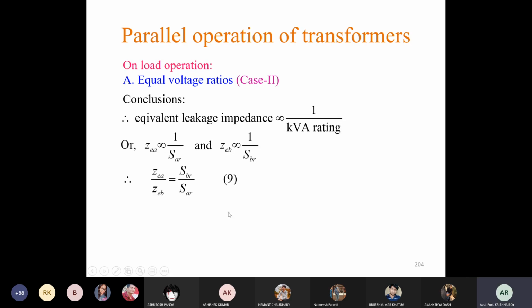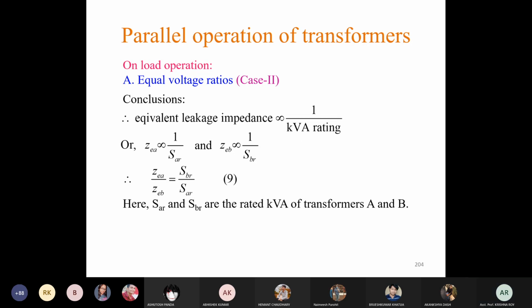Therefore, we can write ZEA by ZEB equals SBR by SAR, because they are inversely proportional, and SAR and SBR are the rated kVA of transformers A and B. But IA ZEA equals IB ZEB. So IA by IB equals SAR by SBR.